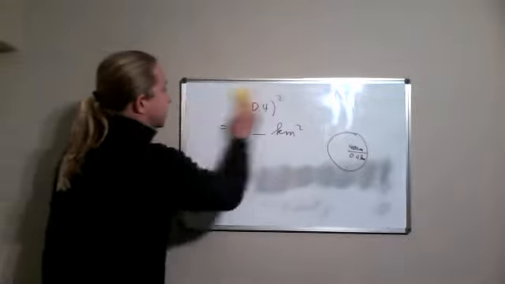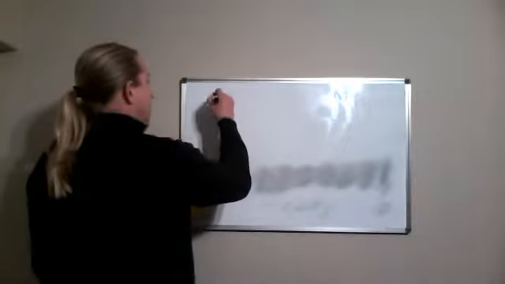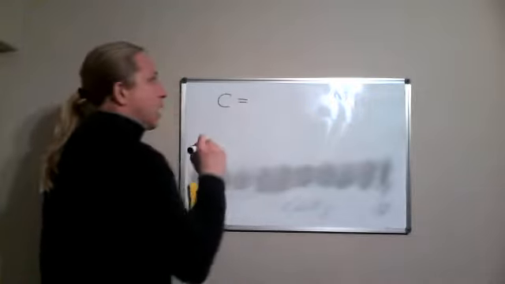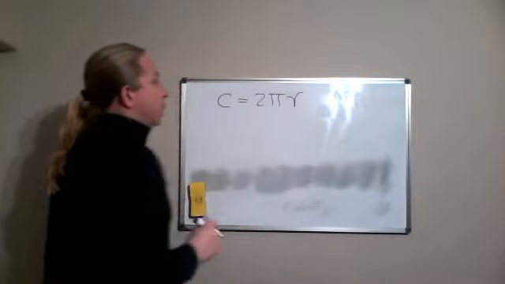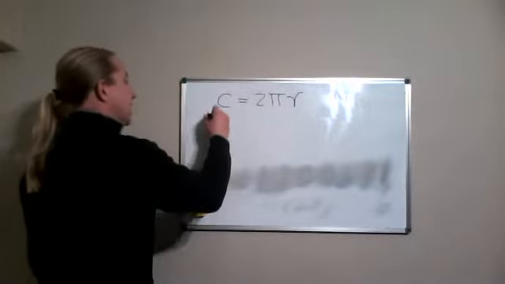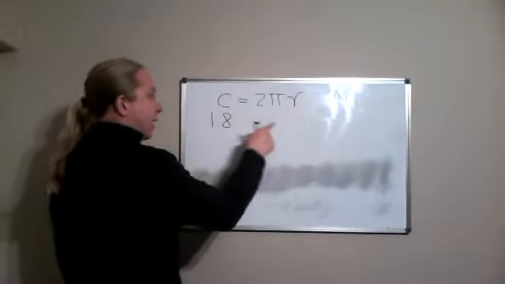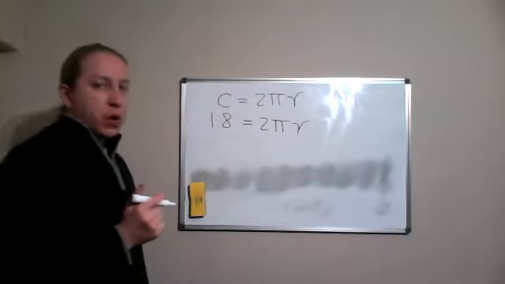Okay, let's do question number 2. So they say that a fence around a circular field is 1.8 kilometers. So remember the formula for circumference? Circumference is pi d or 2 pi r. But they tell us that the circumference is 1.8 kilometers. So 1.8 kilometers equals 2 pi r. Well, what are we trying to get out?